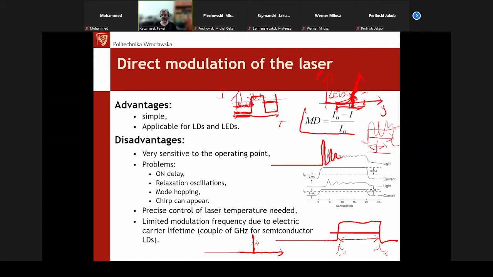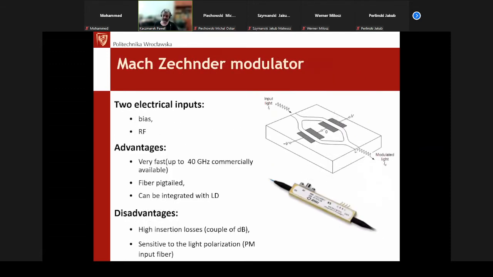So for higher bandwidth applications, we are using external modulators. And the first one, you may be familiar with it from the laboratory, because you are measuring the characteristics of such a modulator: the Mach-Zehnder modulator.